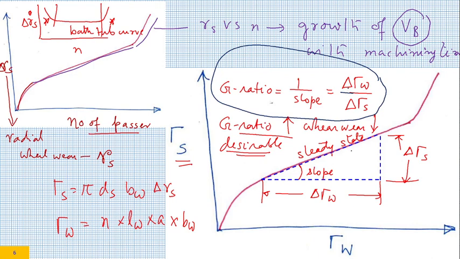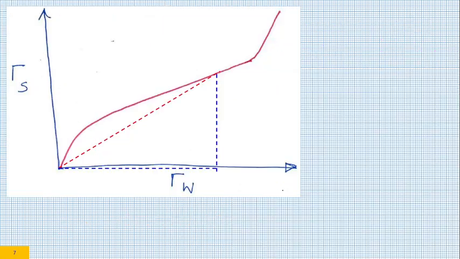I have taken them to be very large so that I can show you very clearly. Otherwise one can measure here as well. He will get the same value. Only thing is that his delta gamma W would be a bit different than what I have shown earlier. Nothing more than that. Because the slope is steady, wherever you measure, the local grinding ratio or the steady state grinding ratio would be the same.